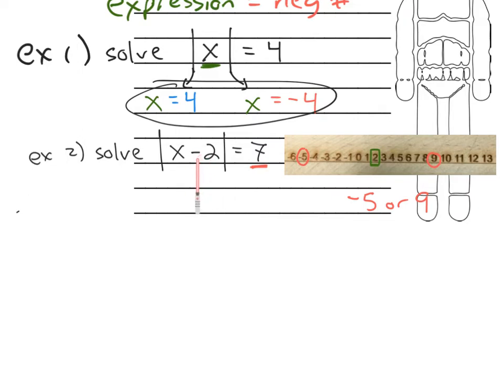But now let's solve this and back it up with some algebra. Break down the walls by making 2 equations. Never change the inside. So it's going to stay as x minus 2. That's a big common mistake people will make.